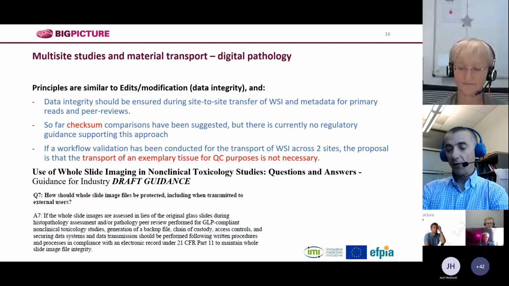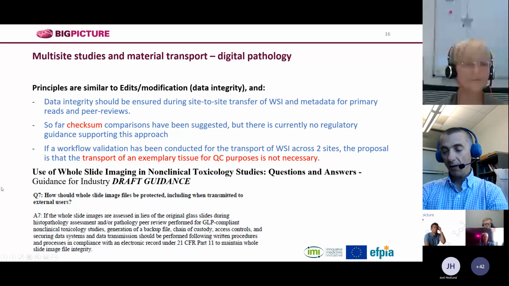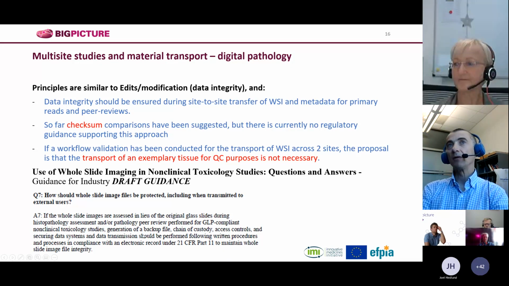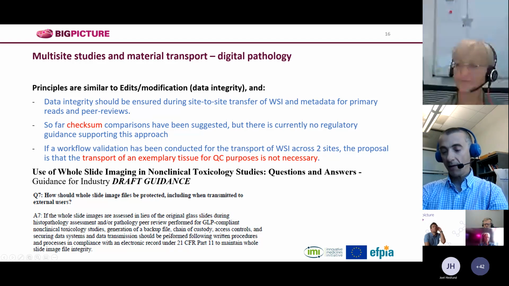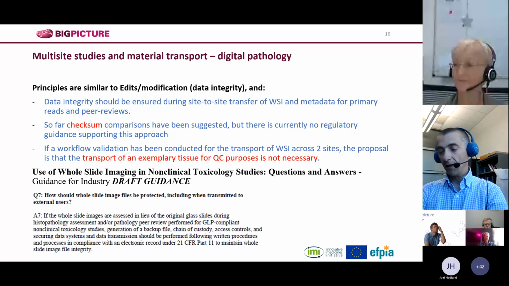Regarding the draft guidance that's been published, you can see pretty similar principles. If we are to use whole slide images for GLP studies, the expectation from the FDA is that we're going to have a backup file. You could see that as something parallel to having blocks when we are using slides. There's a way to get back if needed. A chain of custody, exactly as we have for specimens.